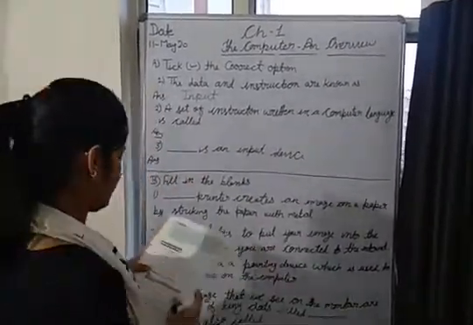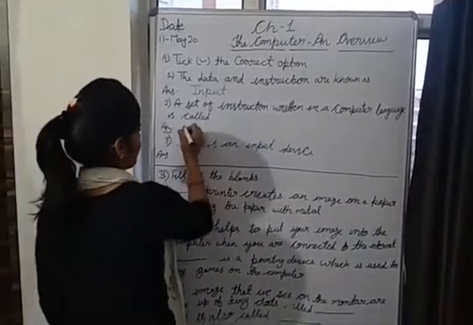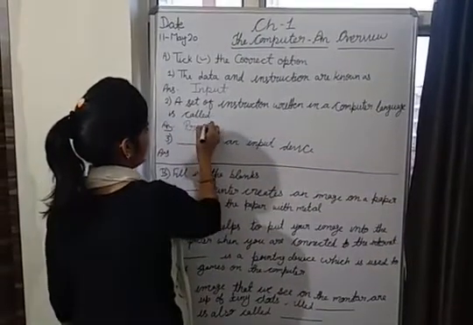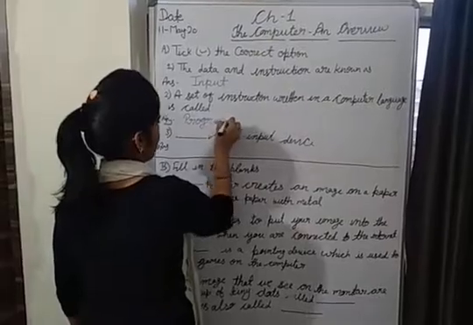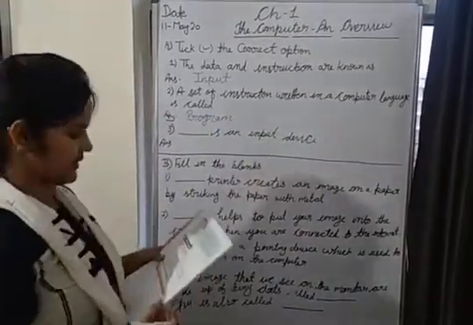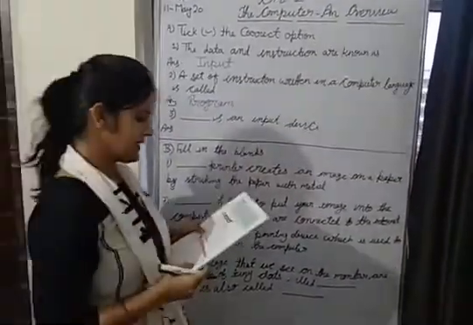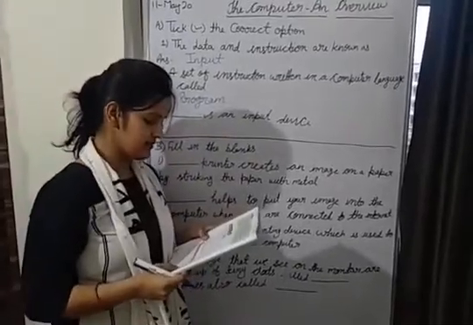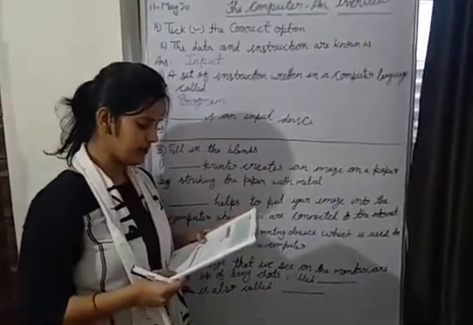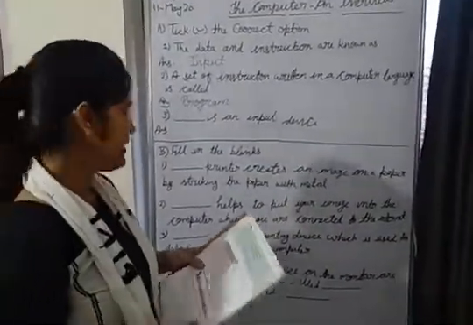So the second one is program. Now the third one: this is an input device. Which is one of these? Our options are input device, scanner, CD-ROM or monitor. See, scanner.